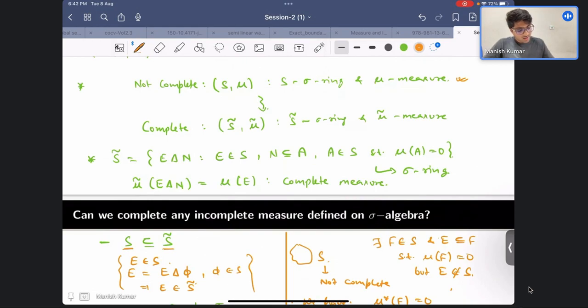Here we are adding those sets N to S tilde. And because of such constructions, this S tilde with this measure mu tilde is complete.